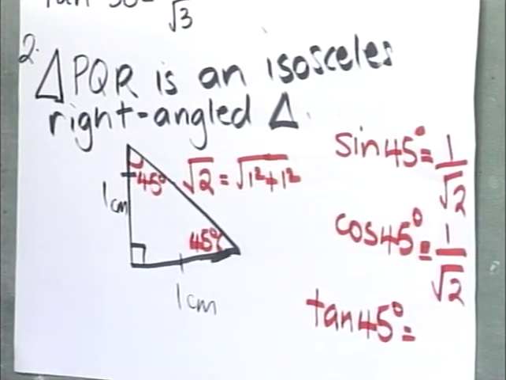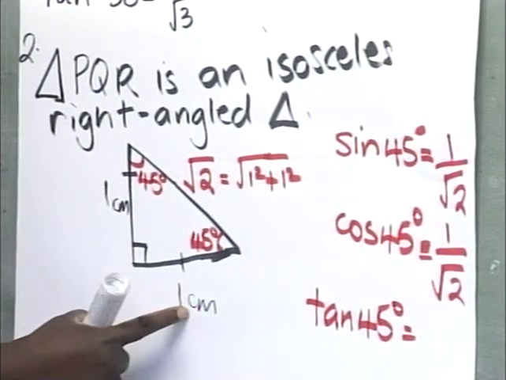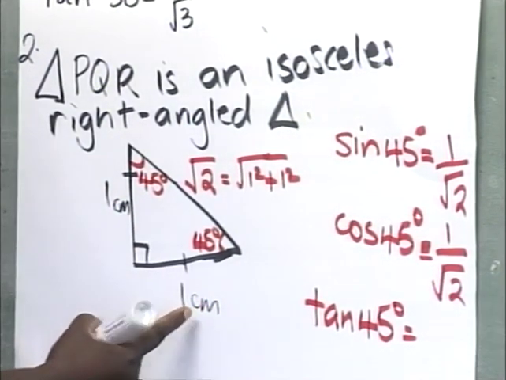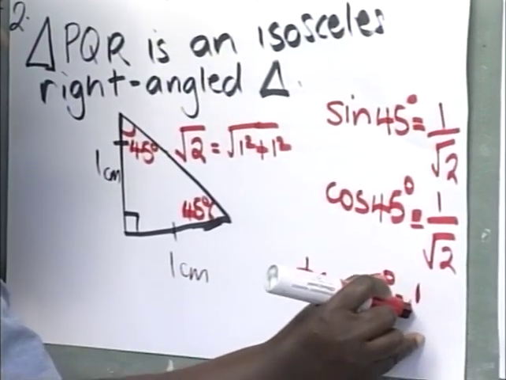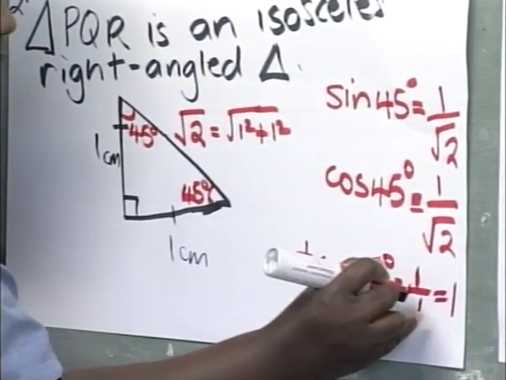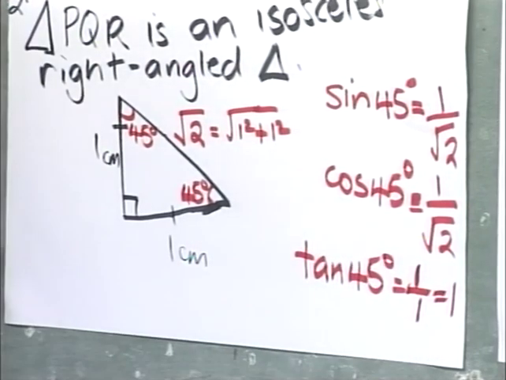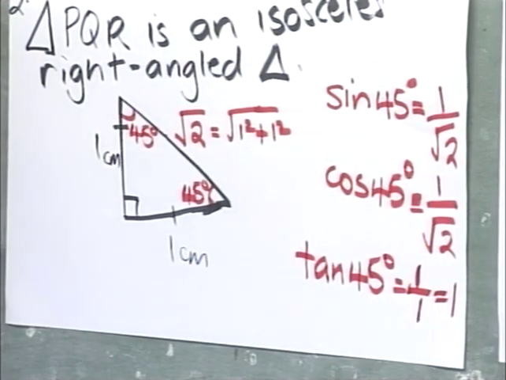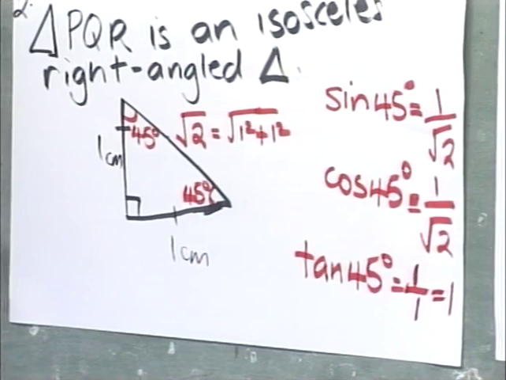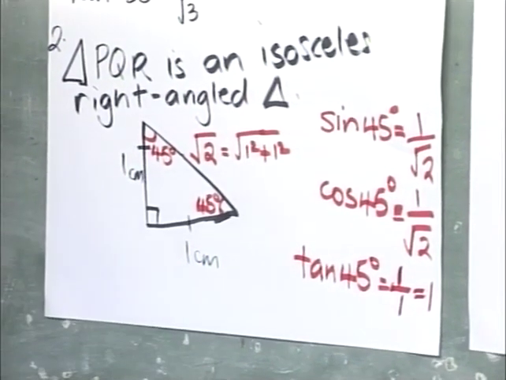One. Opposite over adjacent is 1 over 1, which is 1. Okay, and if you press a calculator, you will get tangent of 45 is 1.